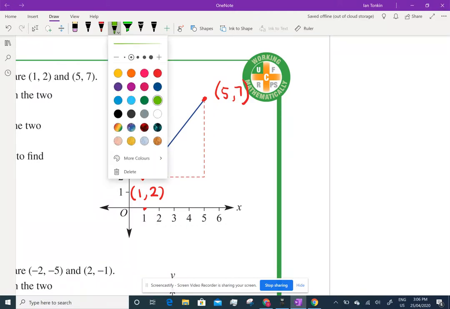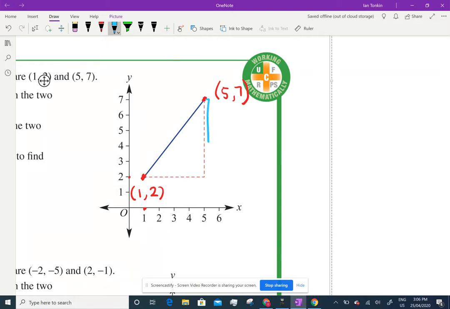Right. So we already know how to find this distance. It's from the y value 2 to 7. To find how far between 2 and 7, you can just subtract them: 7 minus 2, and that will give you 5.